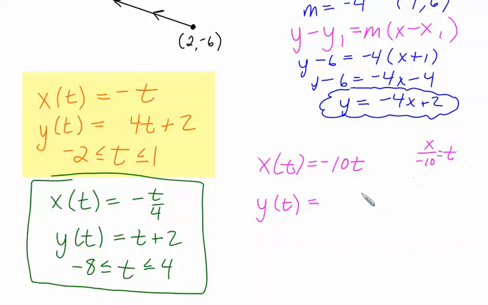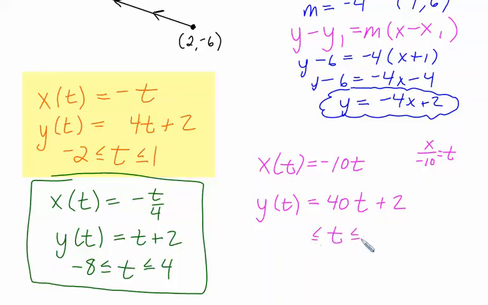What am I going to attach to t here, keeping in mind that t is really x over negative 10, so that it turns out to be negative 4x. If I want to get a negative 4, I need to multiply here by 40, which means that this is going to be a 40t. And then we'll keep the plus 2 along for the ride.